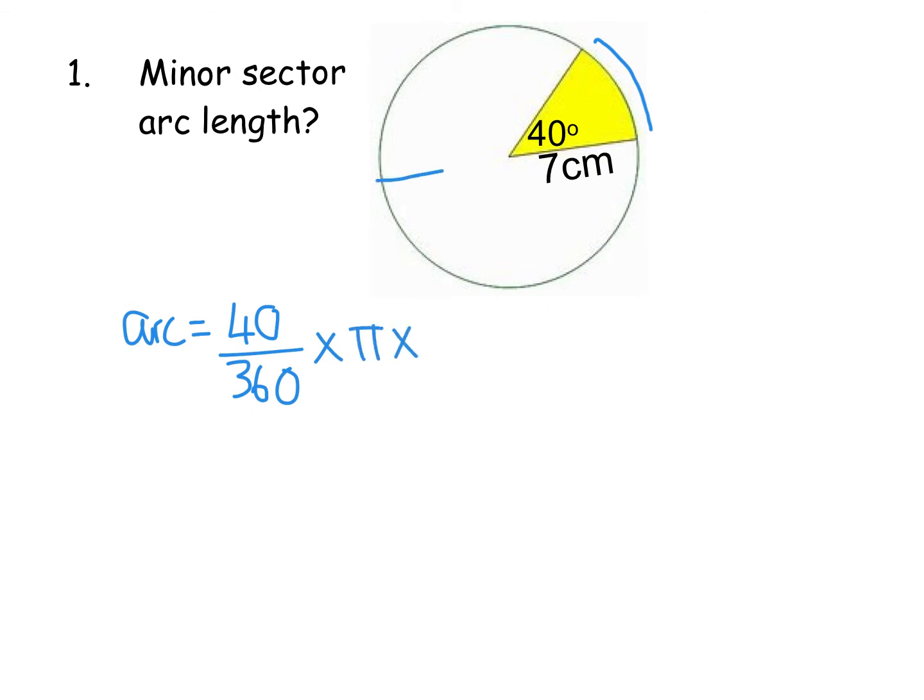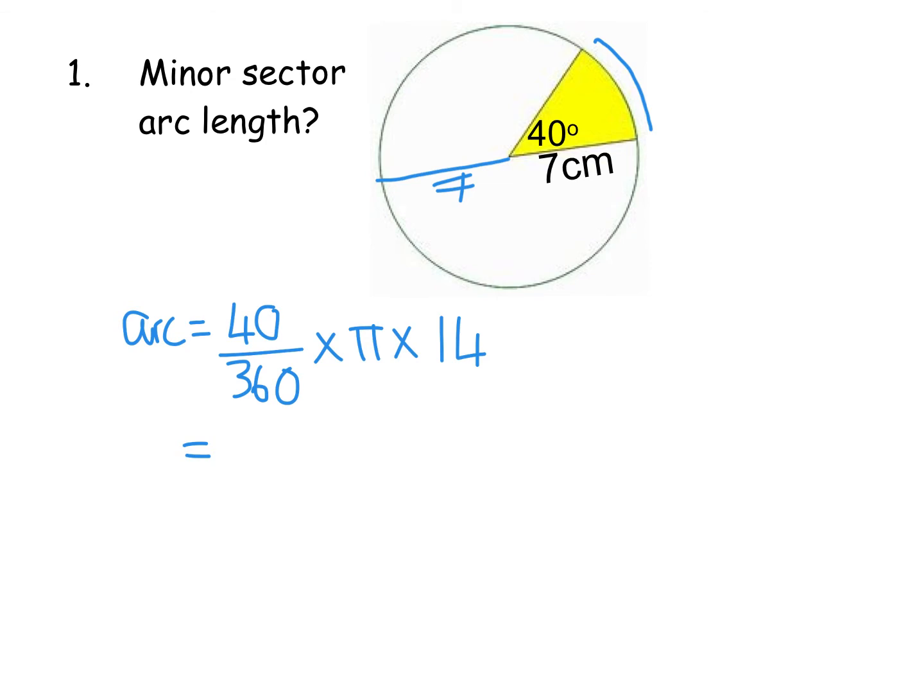Your diameter is this full length here, so it's another 7, so your diameter will be 14. Now when you go type this into your calculator, you've got a couple of options. I simply do 40 divided by 360 times by my pi button and then times by 14. You are allowed to also use 3.14. We won't mark you down for it. It's just a bit nicer though to use the pi button now that we're National 5.